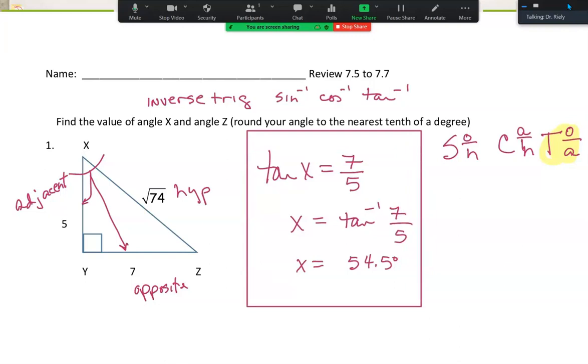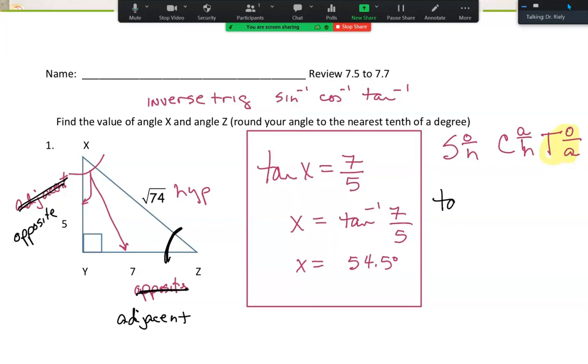So let me just change my color, and over here I want to get Z now. From Z's perspective, I'm going to do opposite over adjacent again, but this time from Z's perspective, that's not the adjacent. That is now the opposite. This is not the opposite, but from angle Z's point of view, that is the adjacent. Okay, so let's set it up.